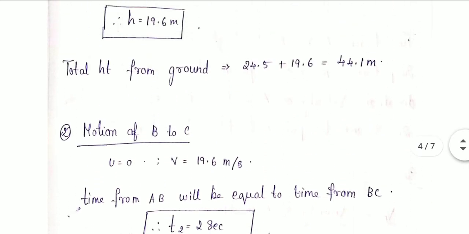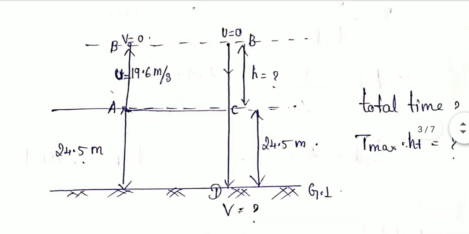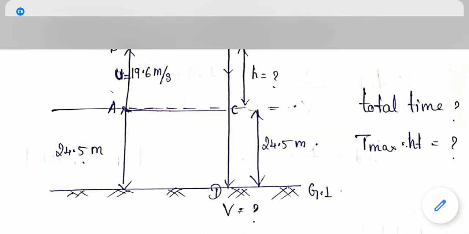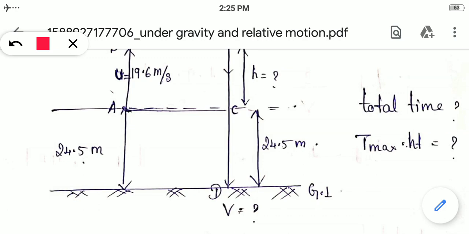So we are moving to the diagram again. Now we are considering only the motion from the point C to D. When the ball starts here, your velocity is equal to 0.